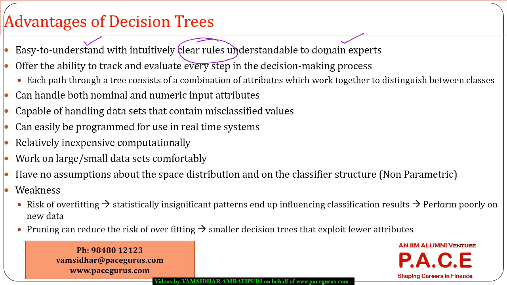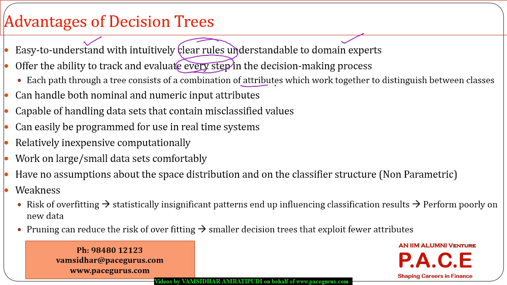The rules that are typically being used are self-explanatory to the domain experts. And I can very well track and evaluate every step in the decision making process. The whole tree, the whole path, I should be able to track it, see which rule is first being applied, followed by which rule, and so on.